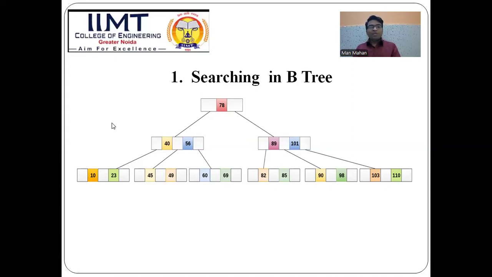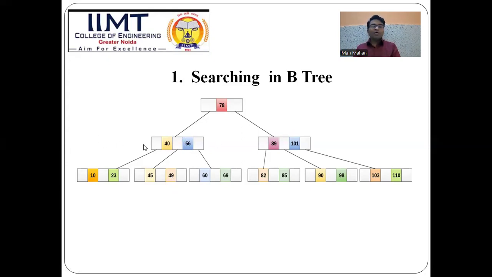Now we can see where the 49 is. The process of searching is, first we compare the 49 with the 78. 49 is less than the root node 78, so we search the left-hand side, that means the left subtree.